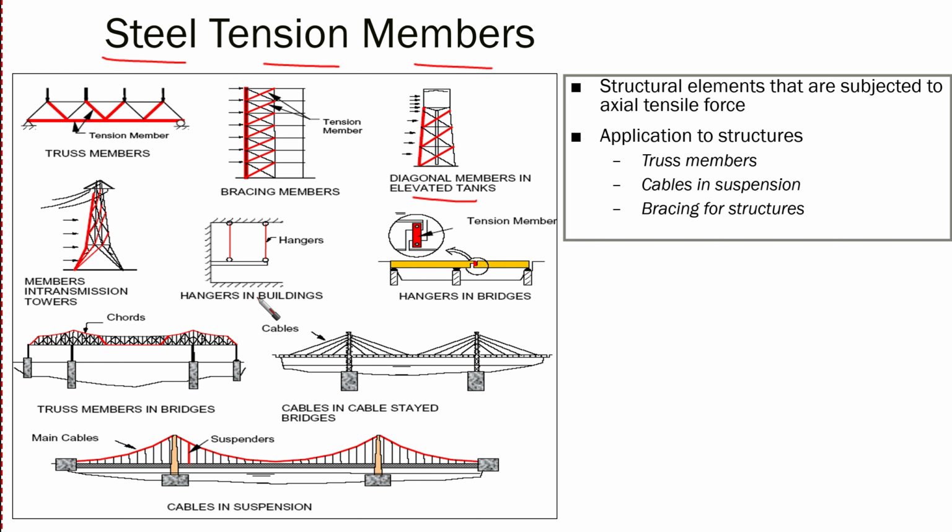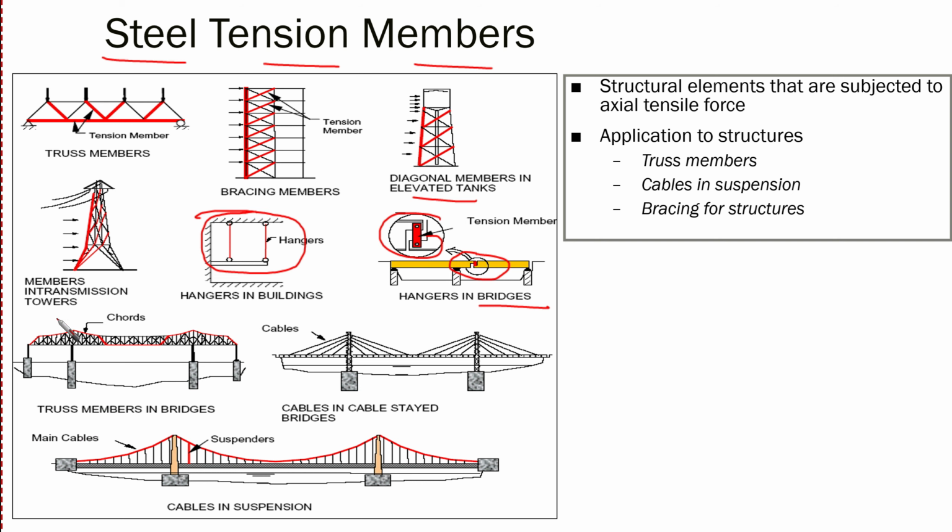Hangers in buildings: many buildings have canopies and so on, and we are going to find hangers used there frequently. Hangers in bridges: whenever you see a bridge, you're going to find that sometimes some part of the bridge is hung from others. This is also what we call a tension member, linking the two parts together.